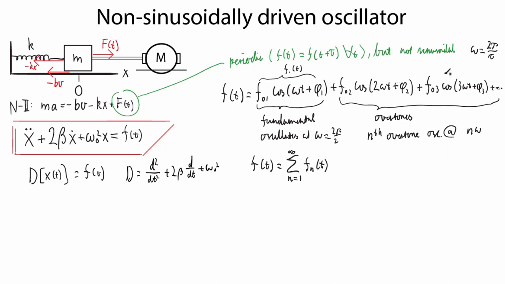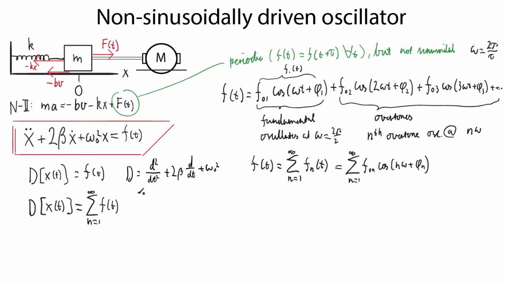This is f2 of t, f3 of t, etc. So the equation that we really need to solve is the following, right? But that still doesn't help us too much. There's supposed to be an n here.